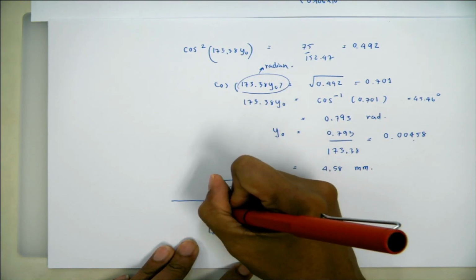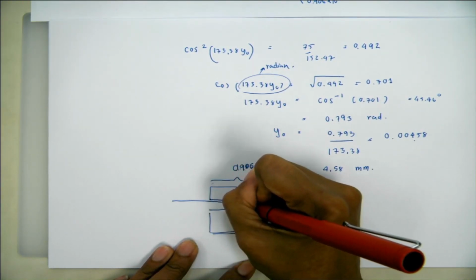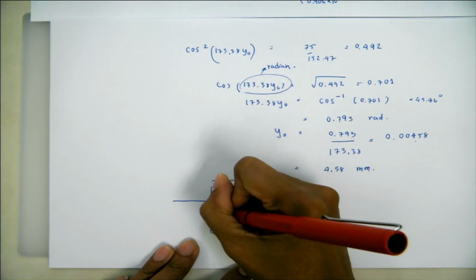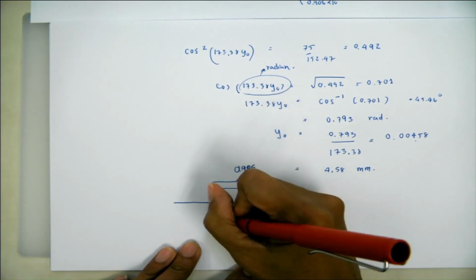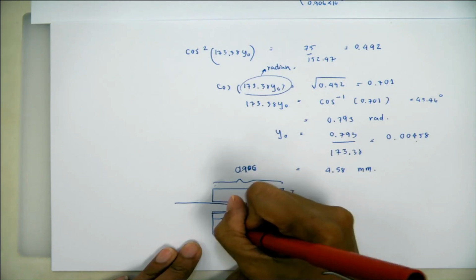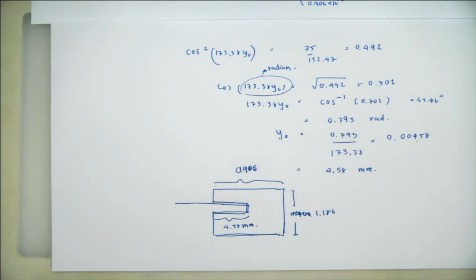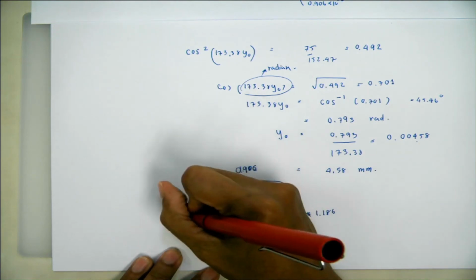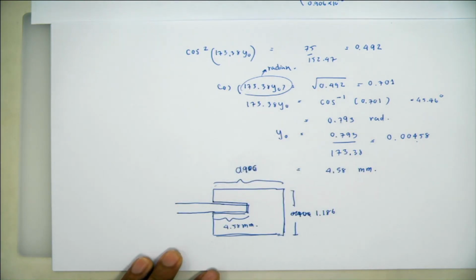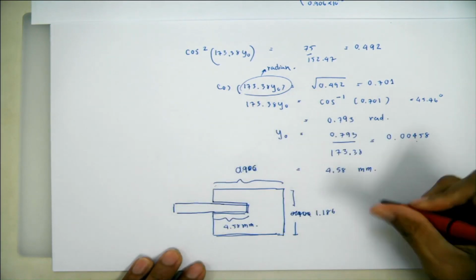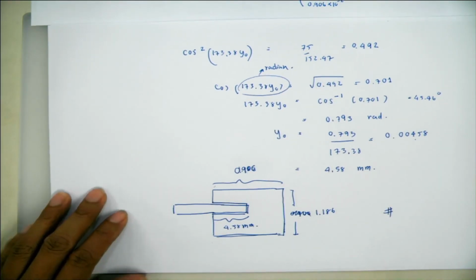So I'm going to have to place the feed line in here, and this is around 4.58 millimeters, to get the matching done. All right, so this is the answer.